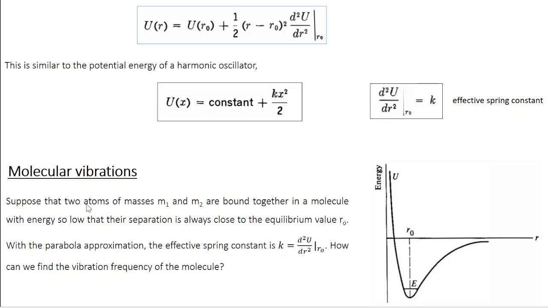Now let's assume that we have two atoms of masses m1 and m2 which are bound together in a molecule with energy so low that their separation is always close to the equilibrium value R0.